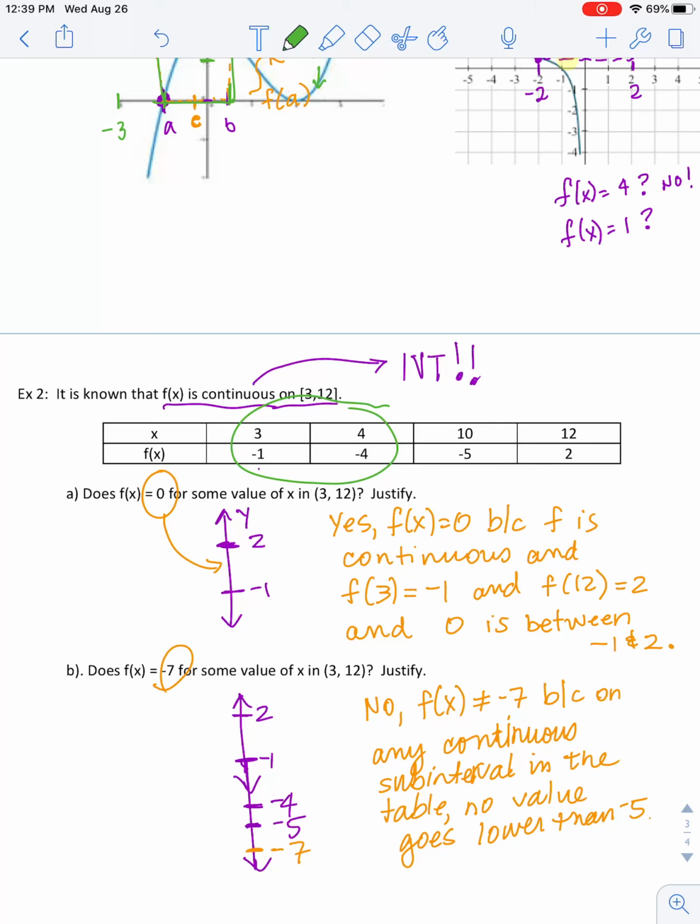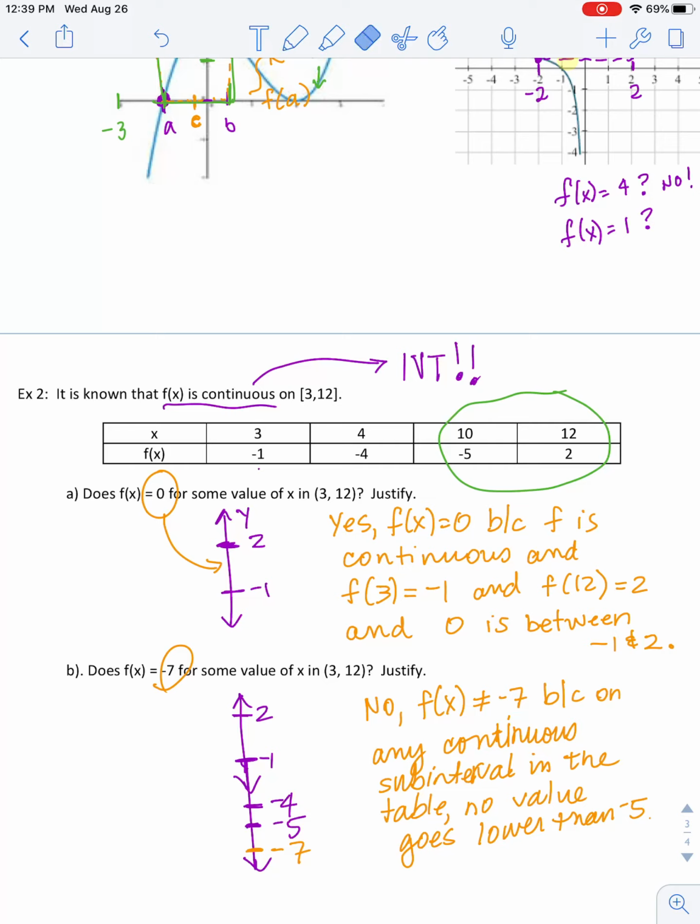I've also got the next one here. I know that only between 4 and 10 could this function pass between -4 and -5. I don't know anything else other than that. And then the last one, between the values of 10 and 12, I know the function goes from -5 to 2, but I don't know anything outside that.